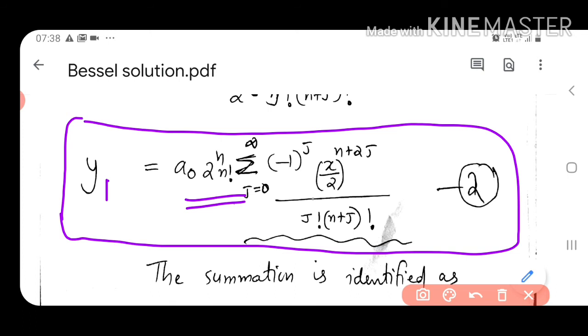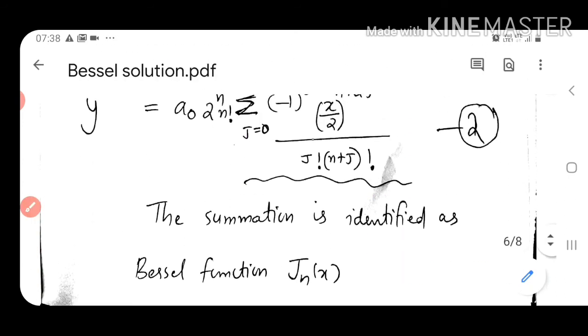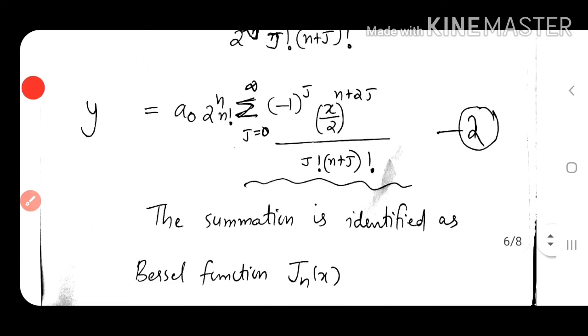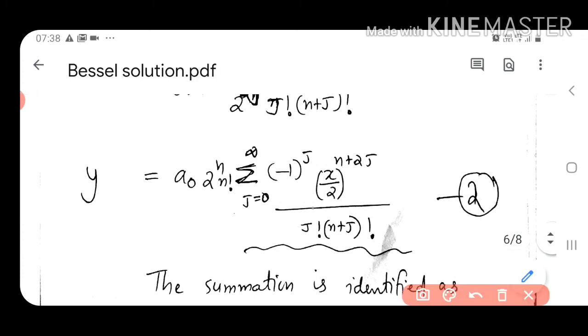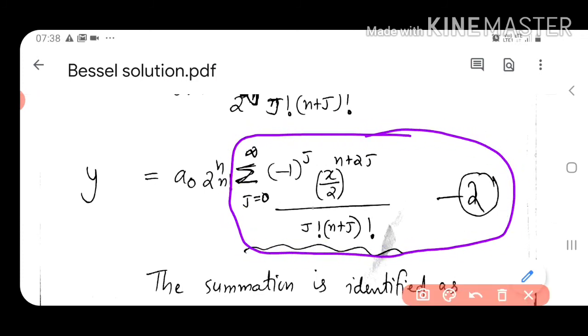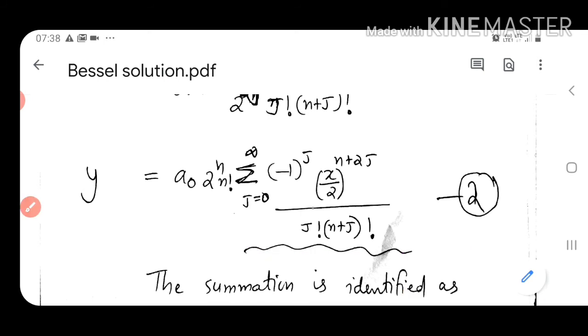This is y1, the one solution when we put k equal to n in the general equation. Okay, and this quantity is the Bessel function. This is identified as the Bessel function. This term that we have already seen is the Bessel function Jn of x.